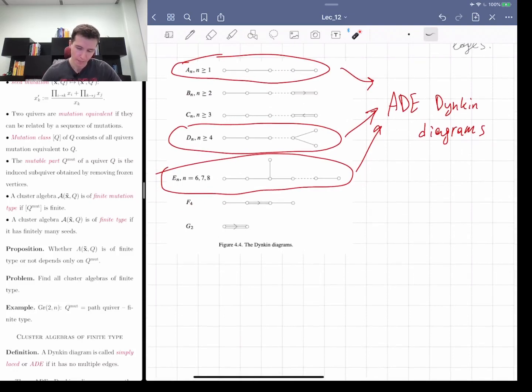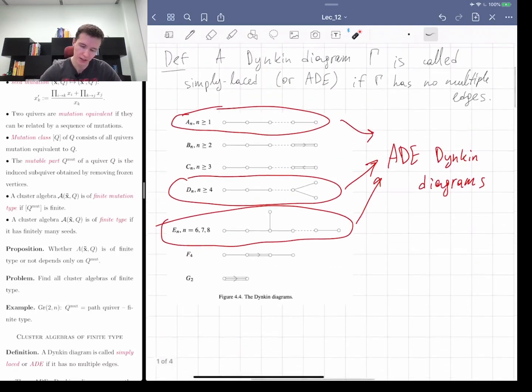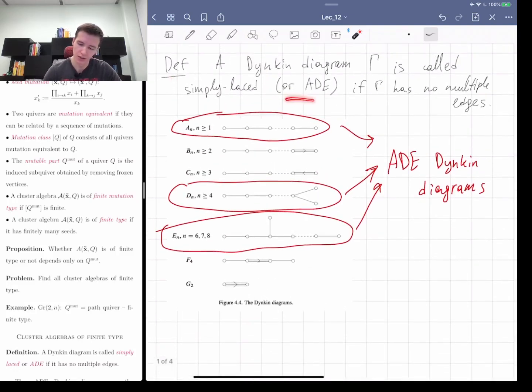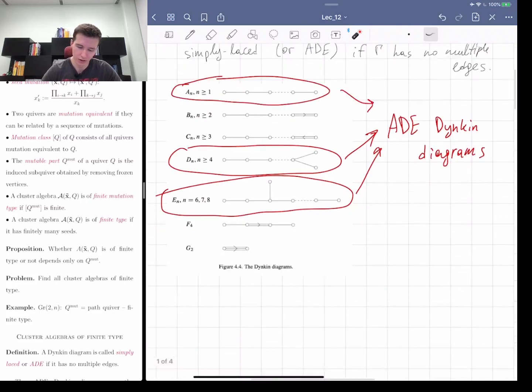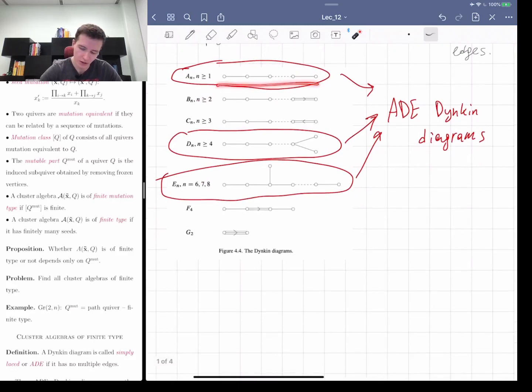All right. So far I have defined an ADE Dynkin diagram. Now, first observation is that these ADE Dynkin diagrams are just simple graphs, and they are all trees.